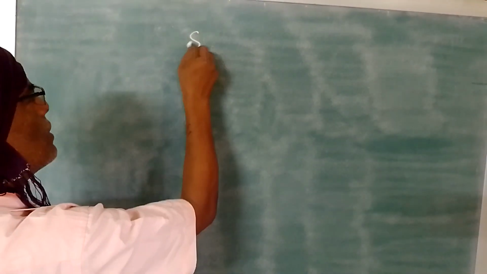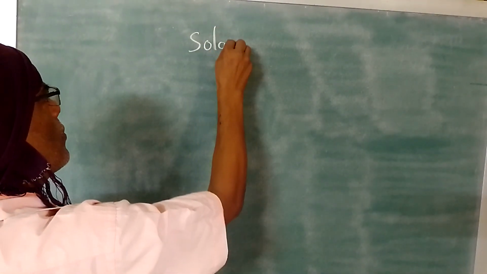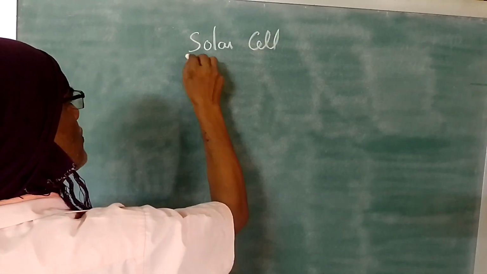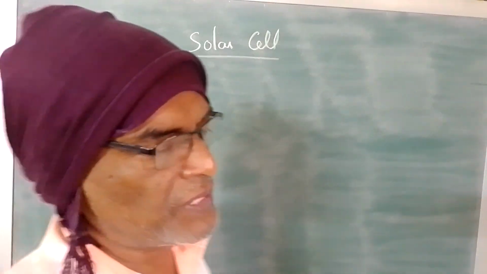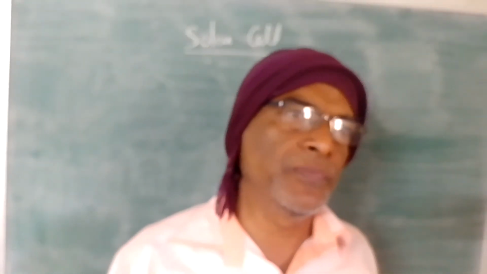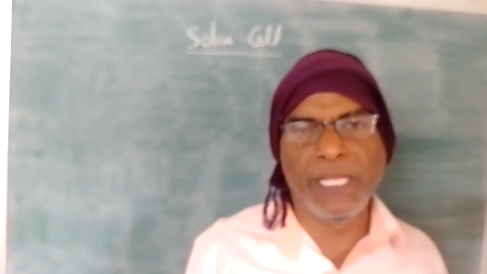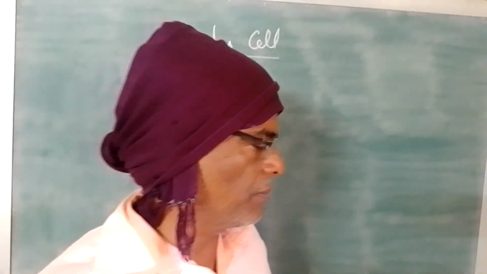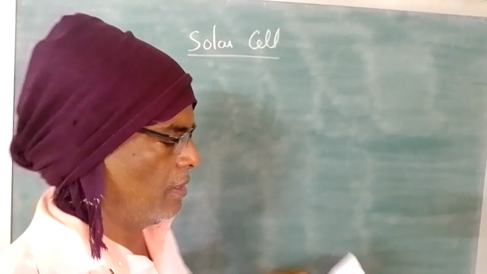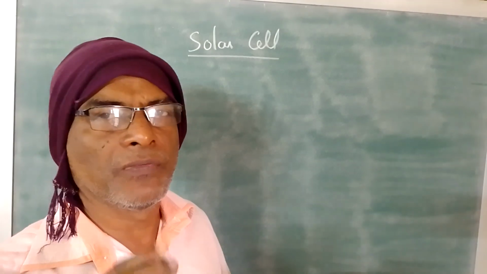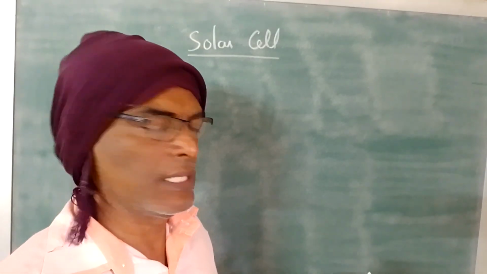So solar cell. First, you must get the data sheet of the particular solar cell. So, in that, they will be telling some important details of the particular solar cell.